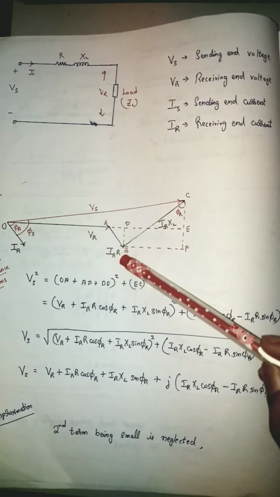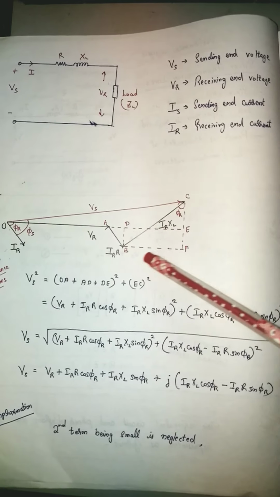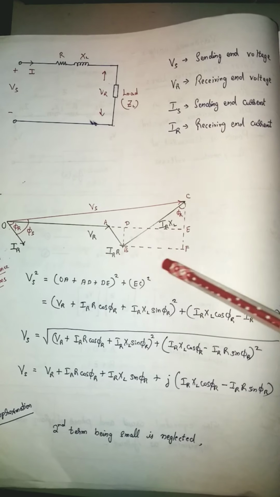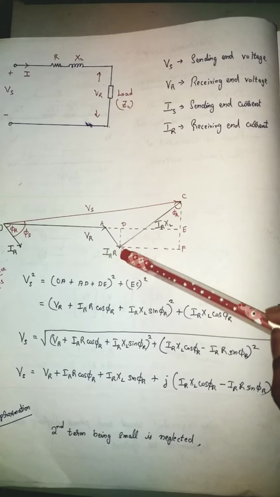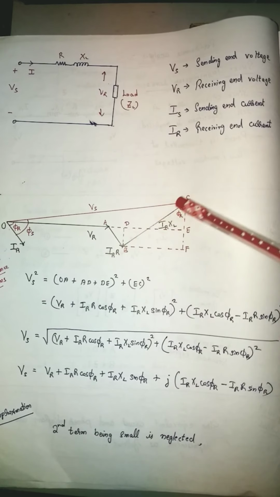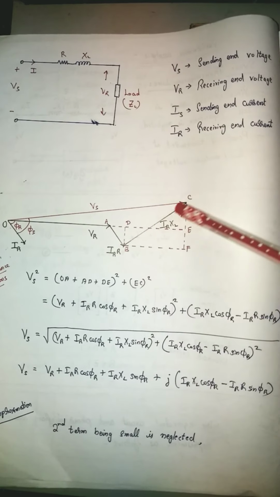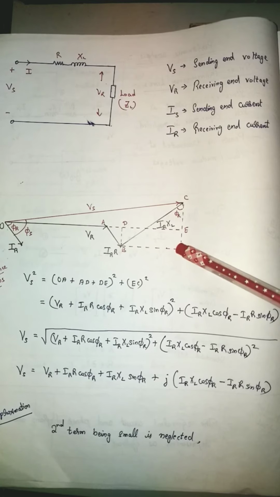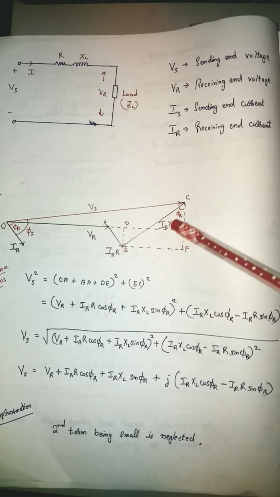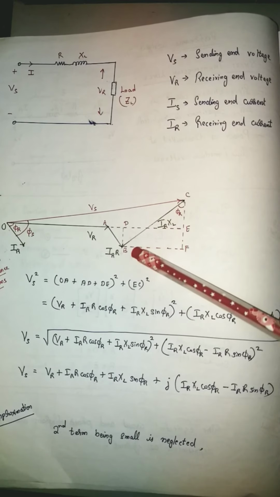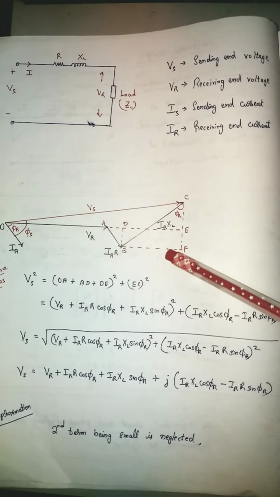DE is same as BF here, or FB is same as DE. FB is basically the sine component of this triangle. If you take this triangle, it is the sine component. So the hypotenuse here is IRXL. So it will be IRXL sine phi r. IRXL into sine phi r the whole square.